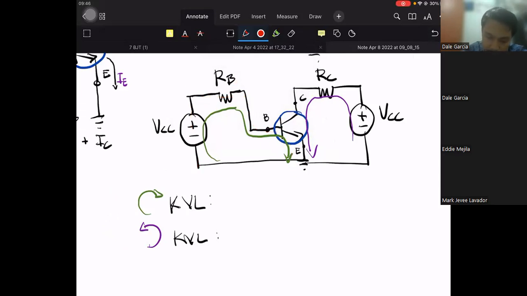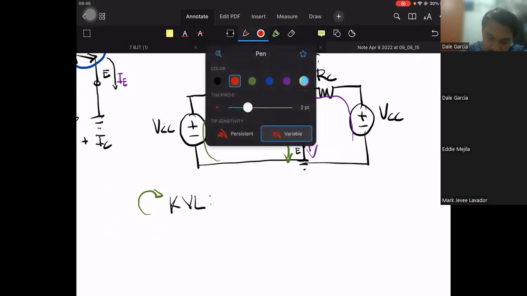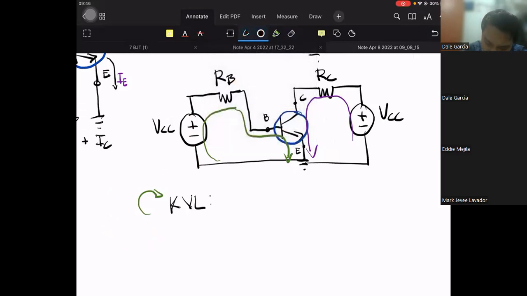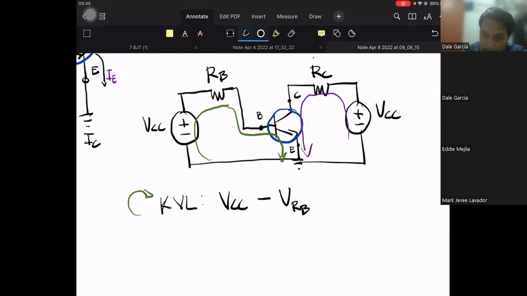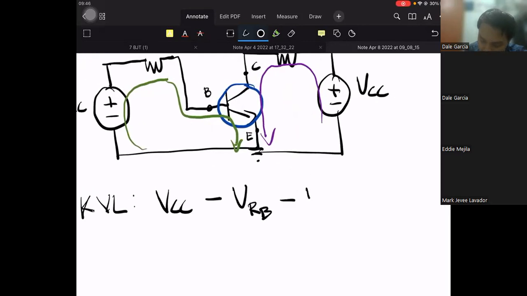So ako itong i-rewrite. VCC minus voltage across RB minus VBE equal to 0. Okay.